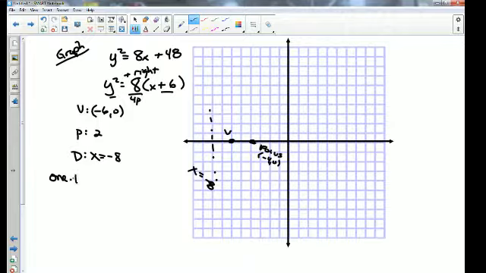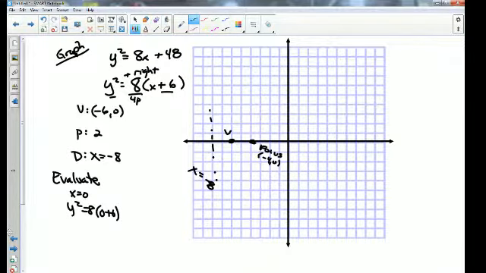Zero. 0 for x or y? We already have the 0 value for y, so if x is 0, we get 48.